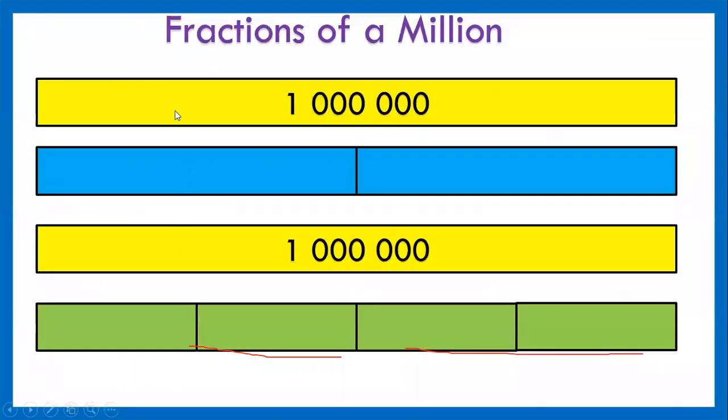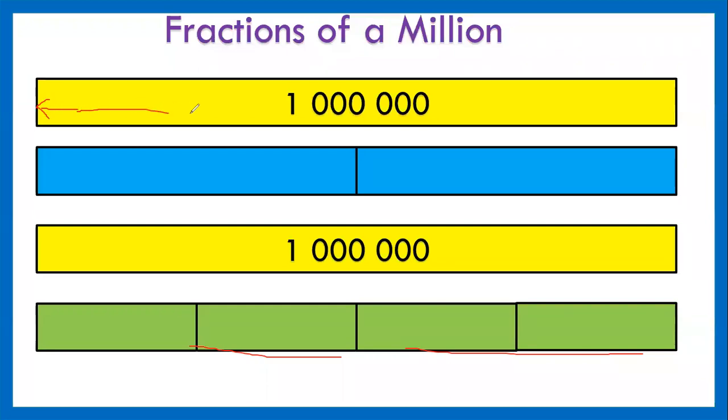Now, before we can convert fractions of a million to a whole number, we need to have some basic understanding of fractions and millions. So over here, I have drawn a picture, like a bar, that shows you the amount of 1 million.